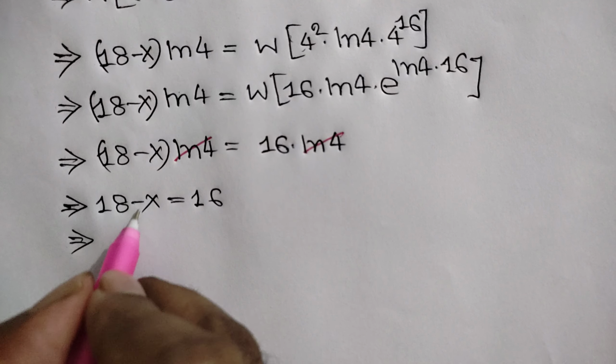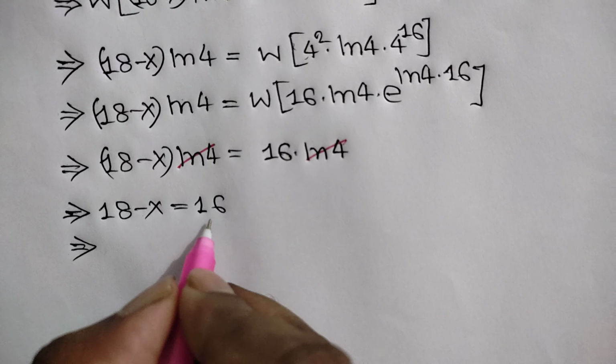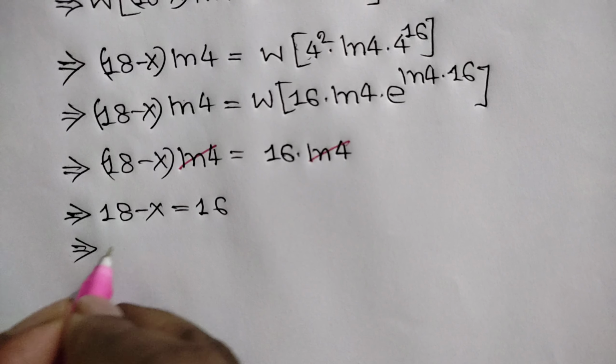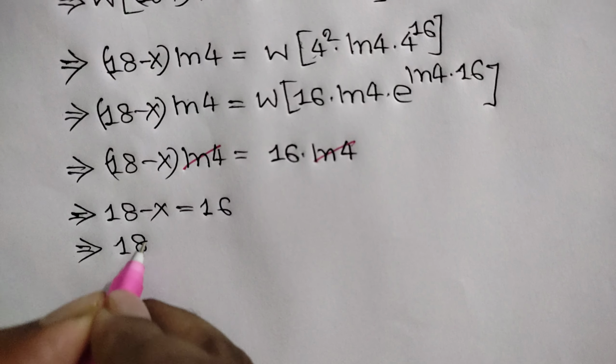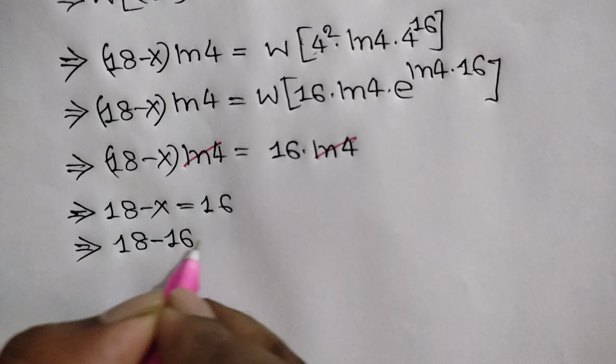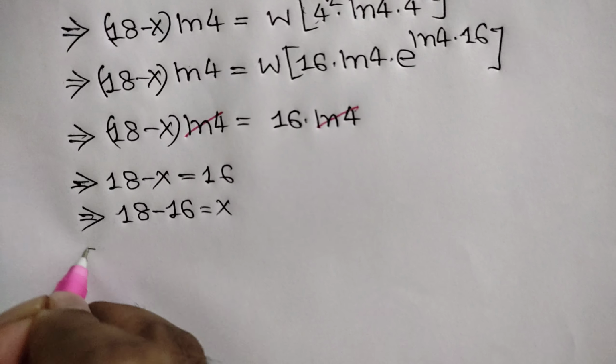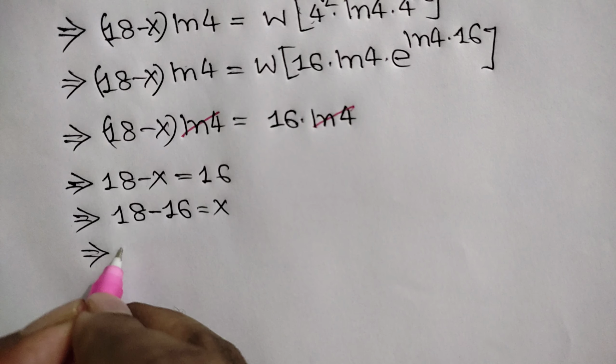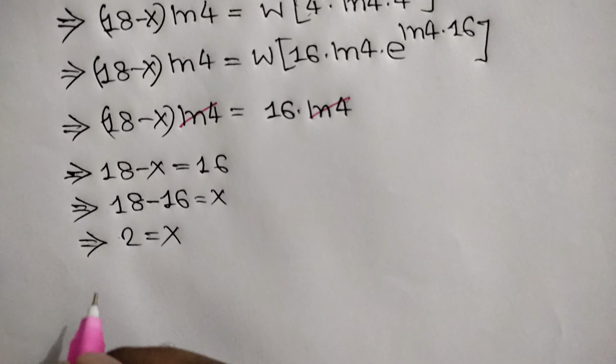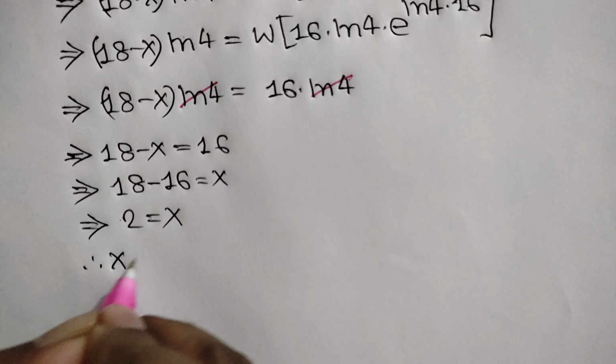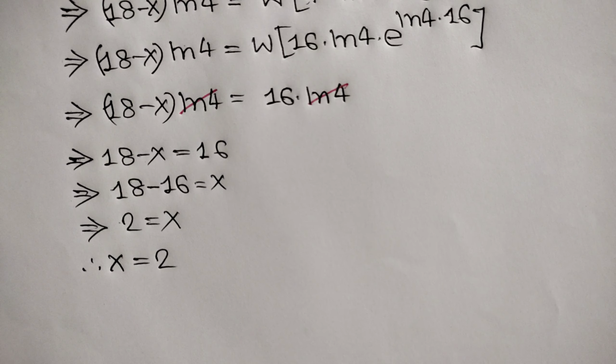Now taking this negative x to the right side and this positive 16 to the left side, we can write 18 minus 16 is equal to x, or 18 minus 16 is 2, so 2 is equal to x. Now changing sides, we will get the value of x is equal to 2.